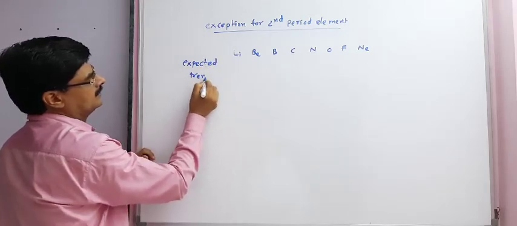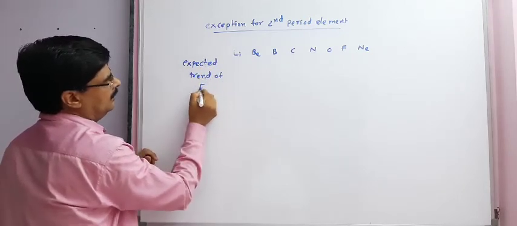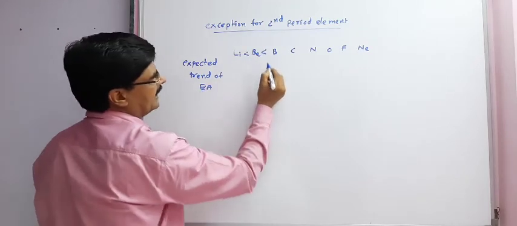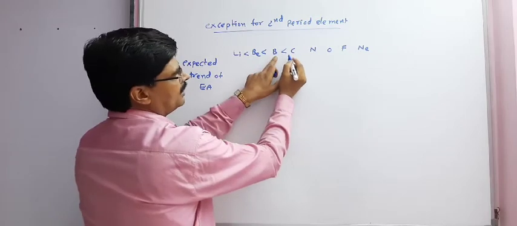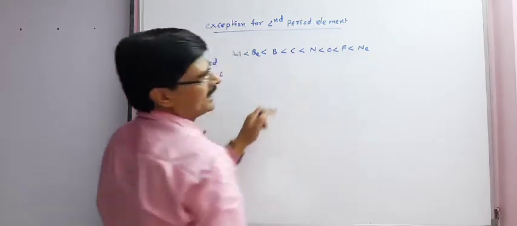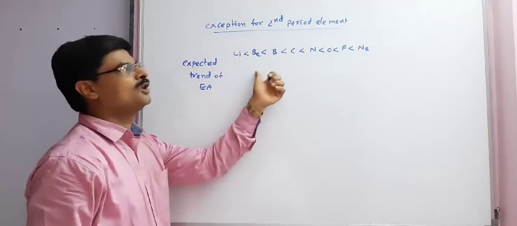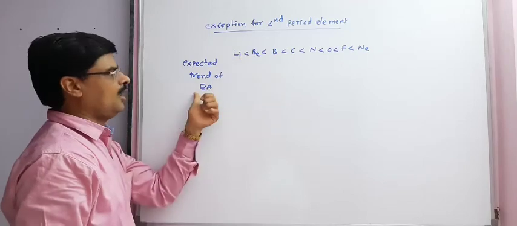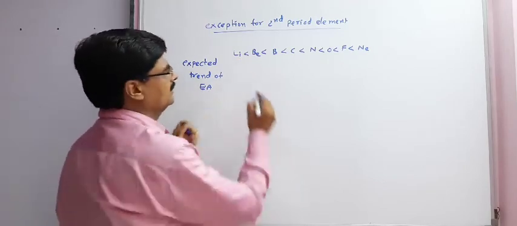Expected trend of electron affinity is Li < Be < B < C < N < O < F < Ne. But because of electronic configuration, we have to reshuffle the order of electron affinity.